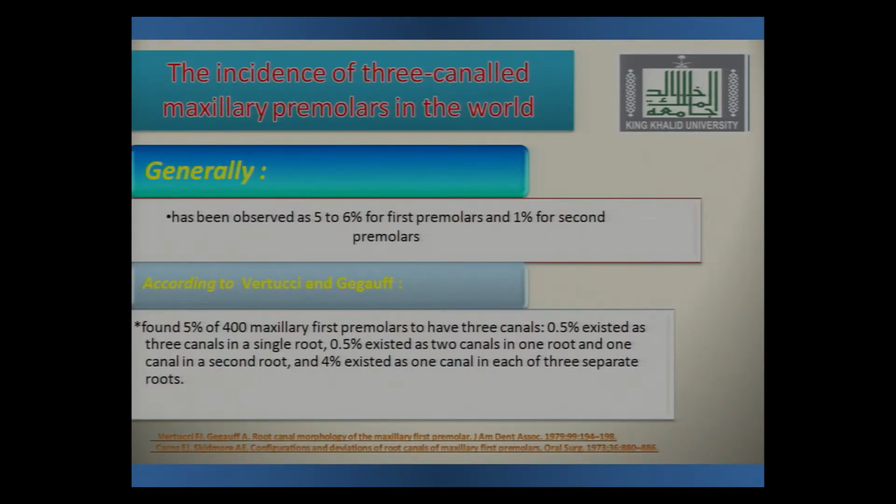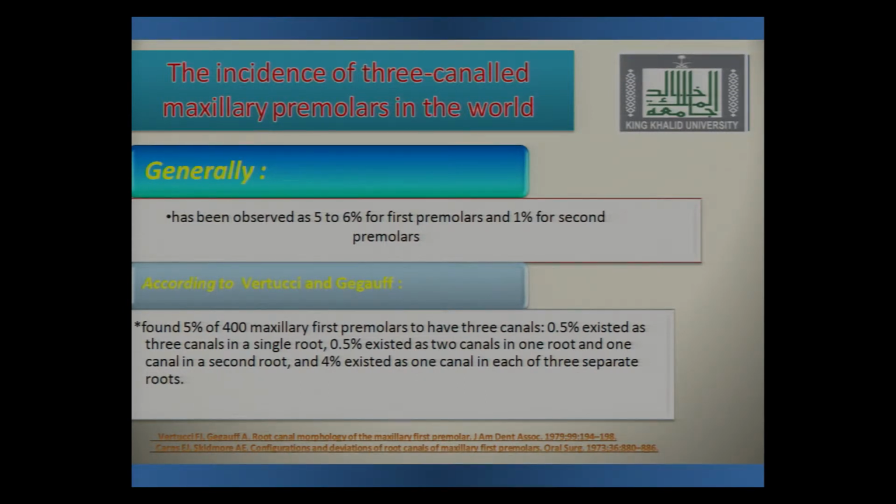Can I tell you the incidence of the three-canaled maxillary premolar in the world? Generally it has been observed as 5 to 6% for a first premolar and 1% for a second premolar. According to Vertucci and Gegauff, 5% of 400 maxillary first premolars had three canals.